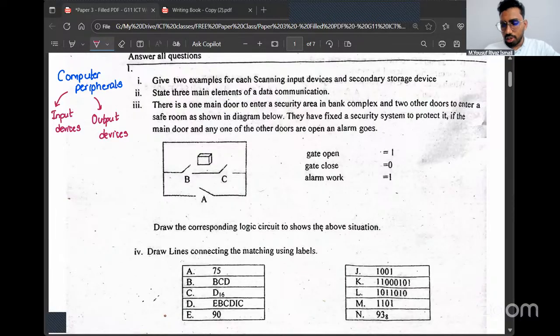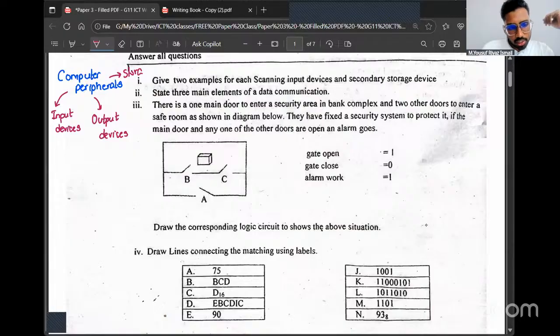We don't have a category of devices called processing devices. Like the CPU comes as a processing device only, but there is no such category, right? So as a category, the third one we have is storage device. Yes, perfect. It's the storage device.